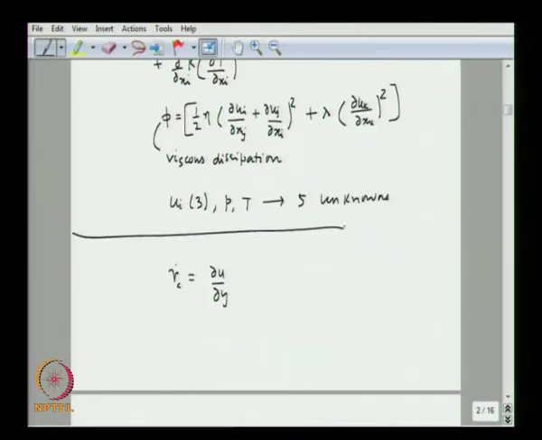So, here we are talking about liquid flows.